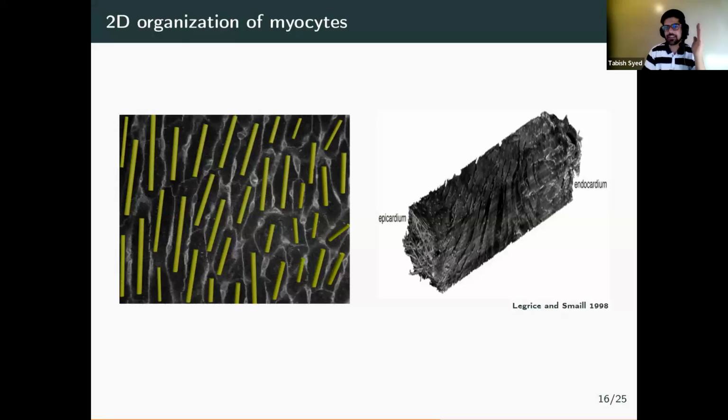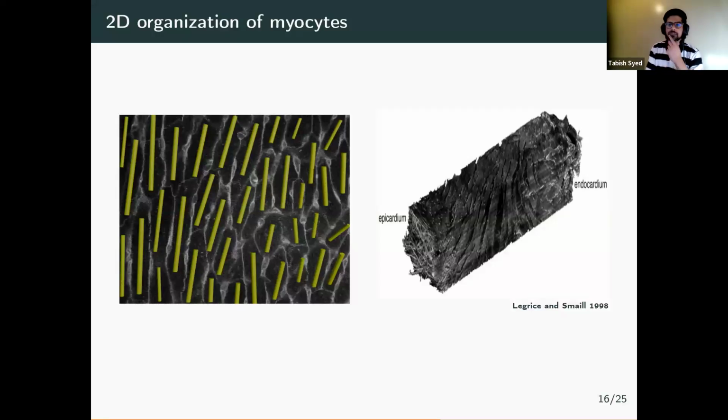There's this theory that cardiomyocytes organize in fibers, that is, they're end to end and form fibers, and then these fibers are organized along sheets. The sheets are separated by what is called in the literature cleavage planes. Now this has been very qualitative, so people haven't really measured this or shown it in any quantitative way.